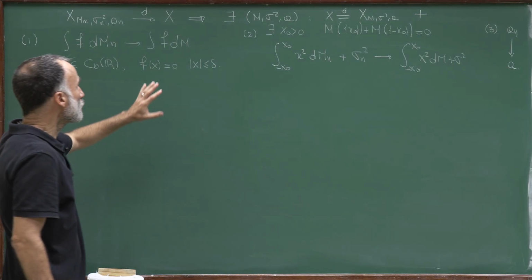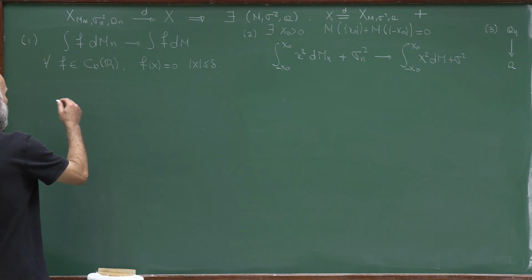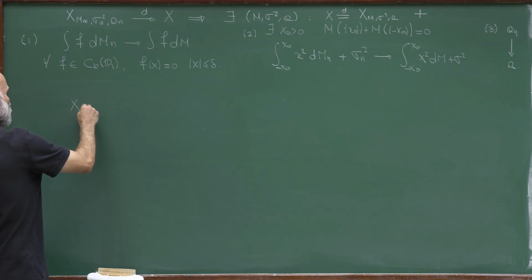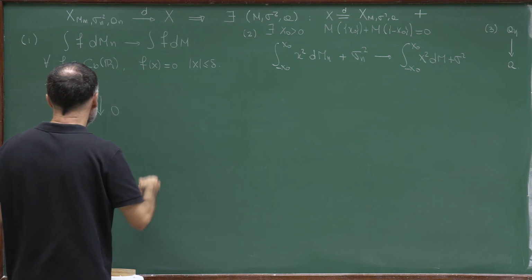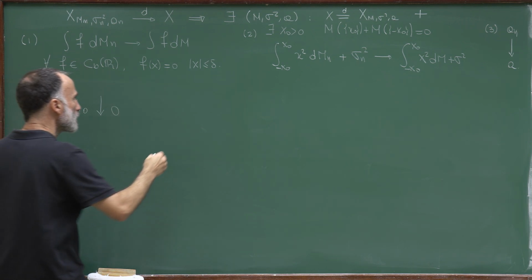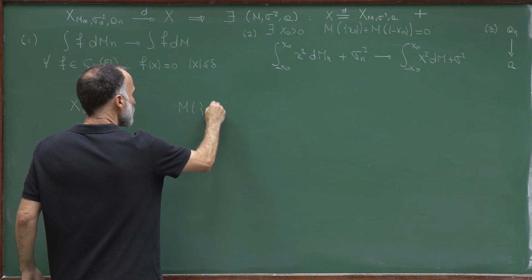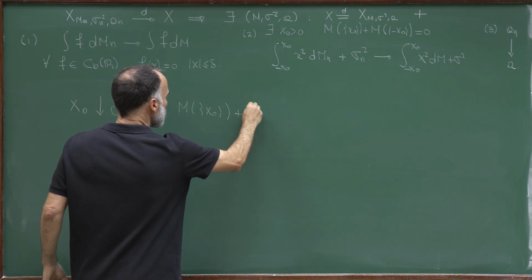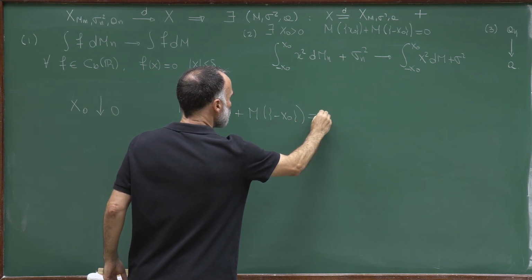So before we go to the converse, let me just remind that in the previous proof, when I sent x0 to 0, I was always considering continuity points of m. So all these points were points such that m of {minus x0} is equal to 0. Right?